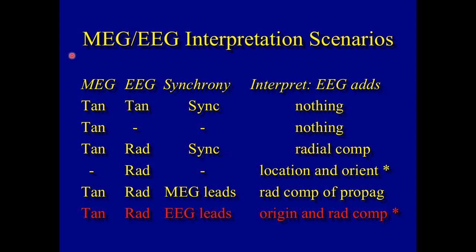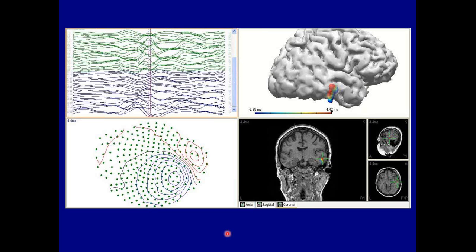But we can have it the other way around, where the EEG leads the MEG. Here is our MEG spike here, a nice MEG field, and a nice source activity here in the superior temporal sulcus, which is usually the deepest sulcus in the temporal lobe, so it's a very good source of MEG activity.